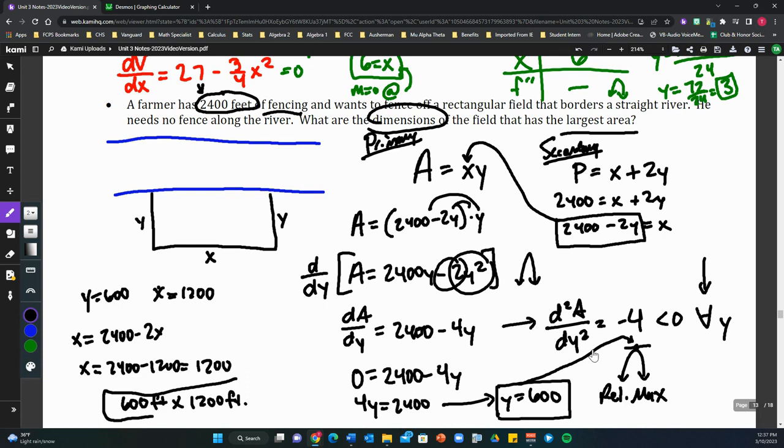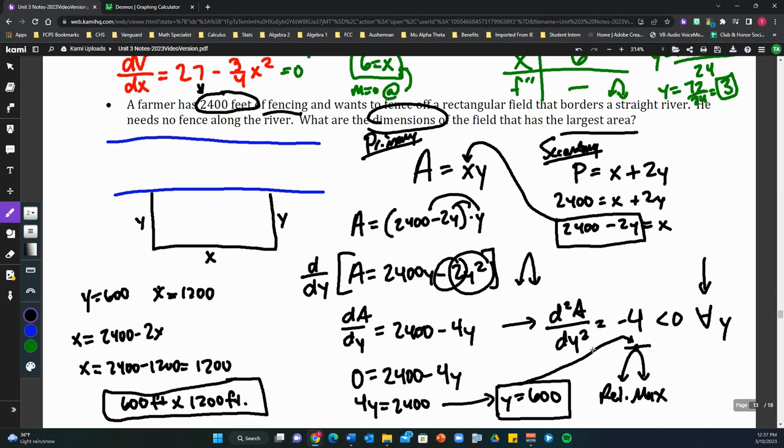So again, all of these optimization problems are going to follow a similar format. We're going to identify our primary, then identify our secondary using this extra piece of information. We're going to isolate one of the variables in our secondary, and use that to rewrite the primary as a function that depends on just one variable.